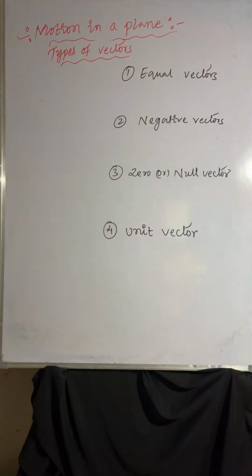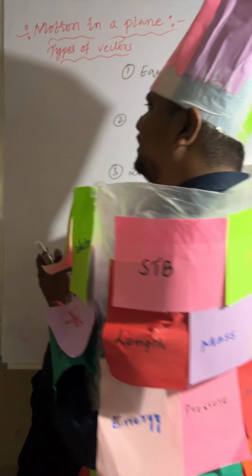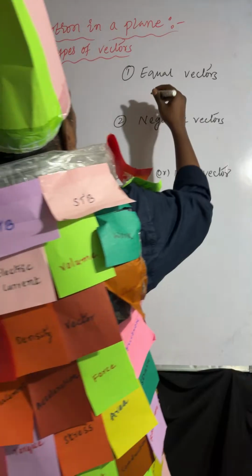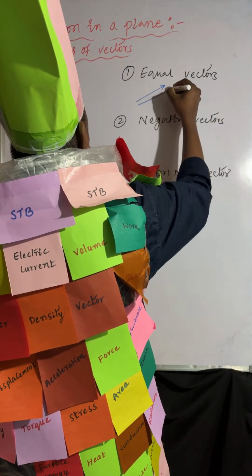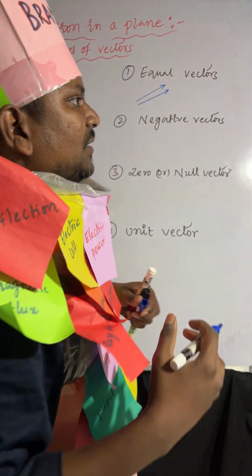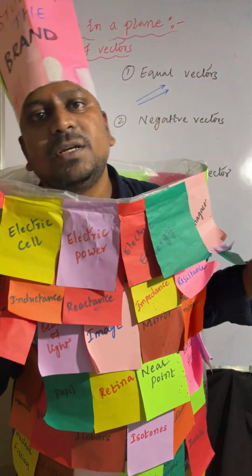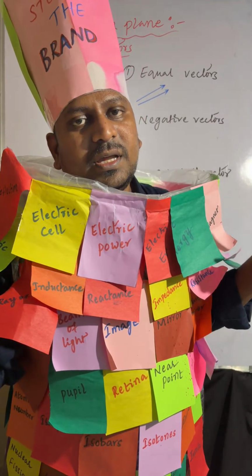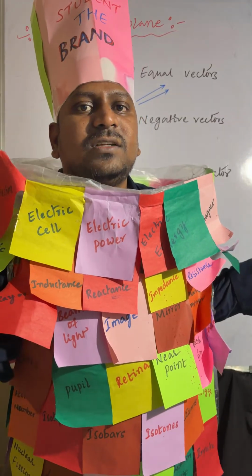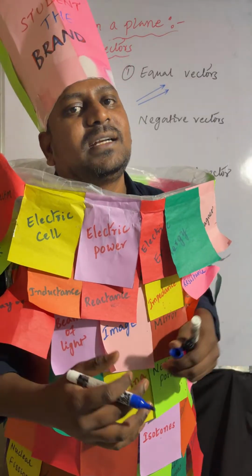Coming to equal vectors. Two vectors having equal magnitude and acting in the same direction at the same time are called equal vectors.